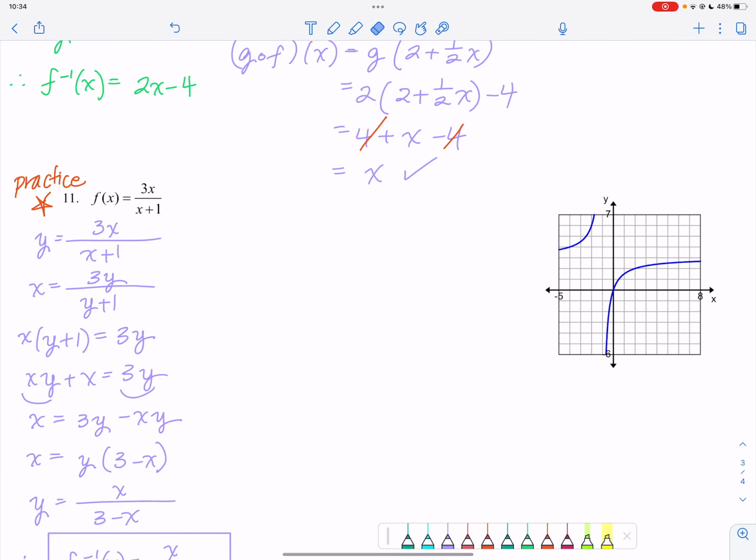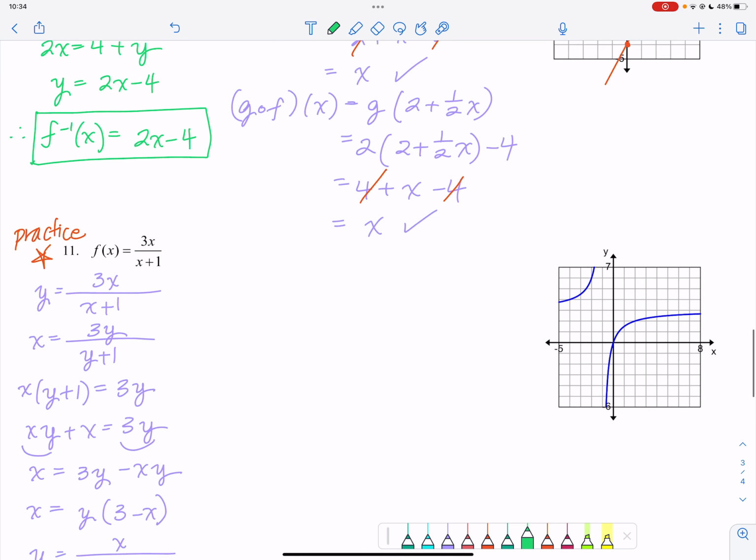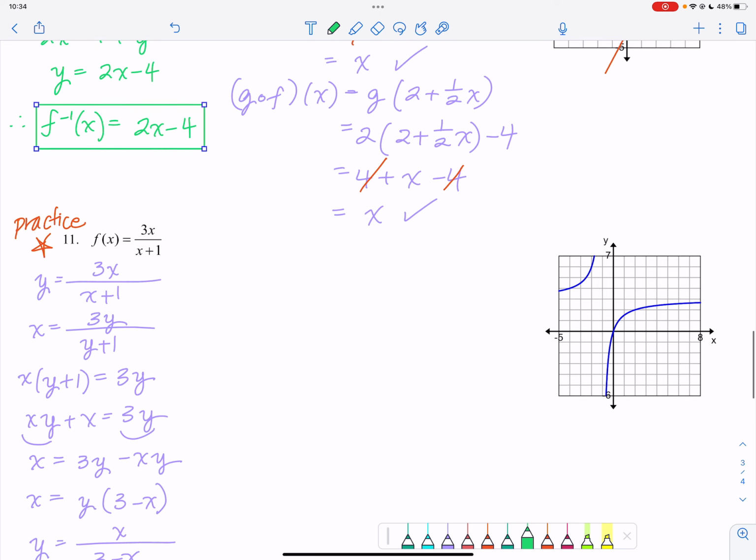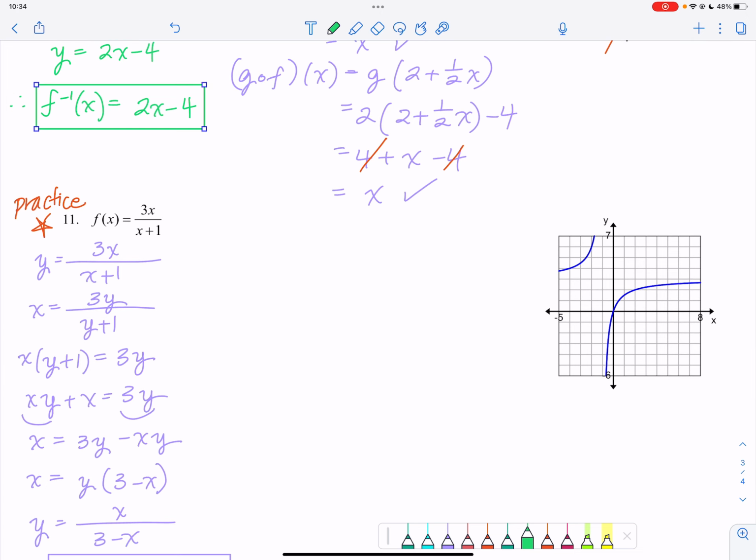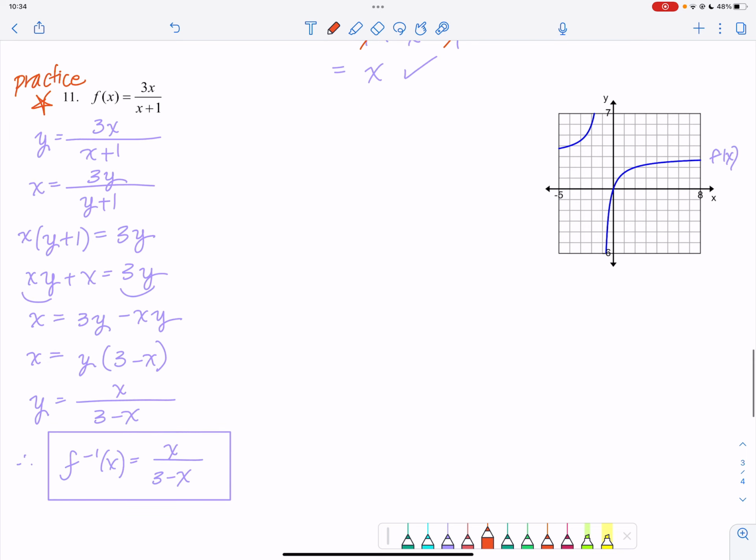And I think I will go ahead and square this one off up here as opposed to using the highlighter. Okay. And as you can see, this graph is f of x. And now if we graph this f inverse of x, you can see that we have a vertical asymptote at x equal to 3.